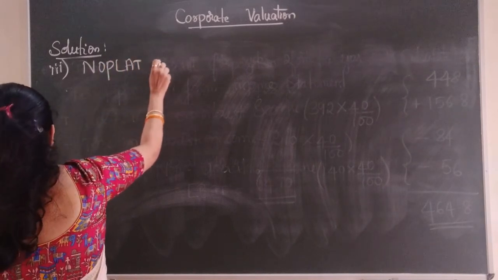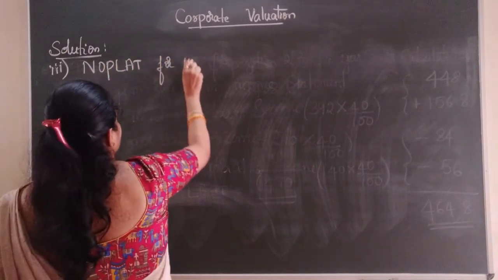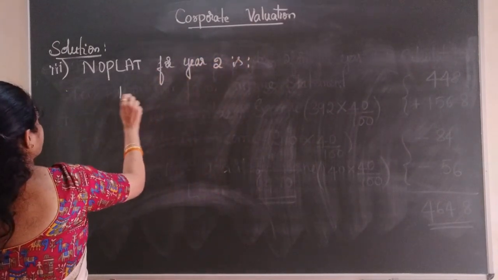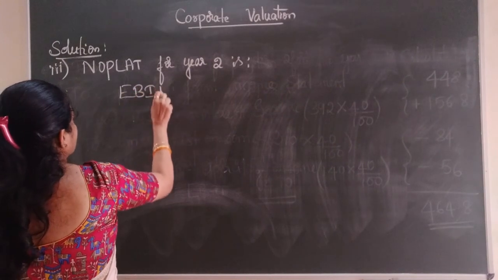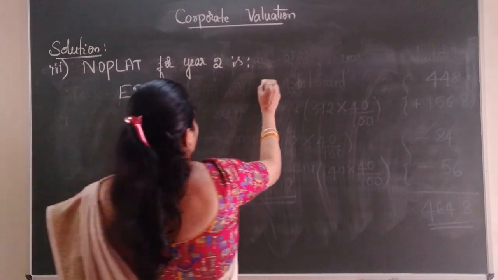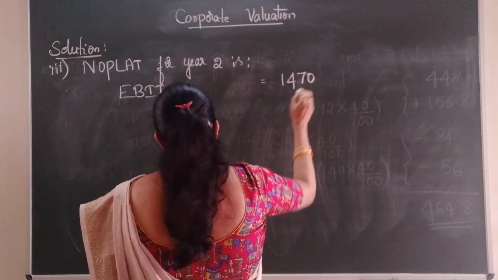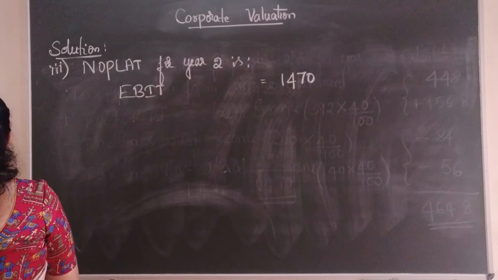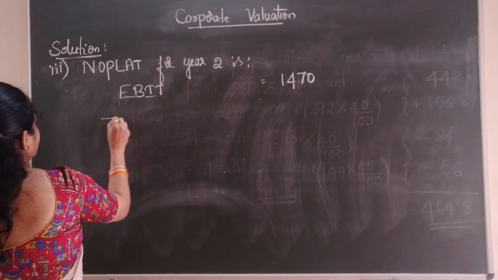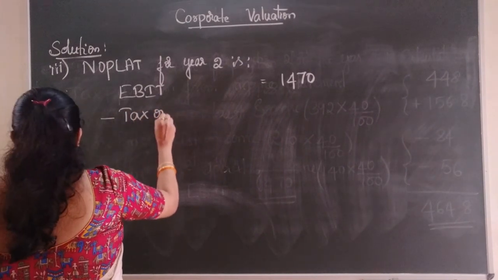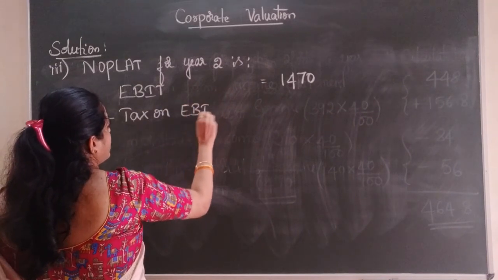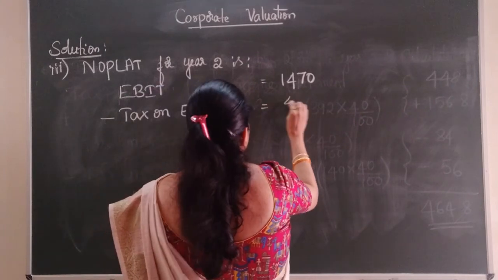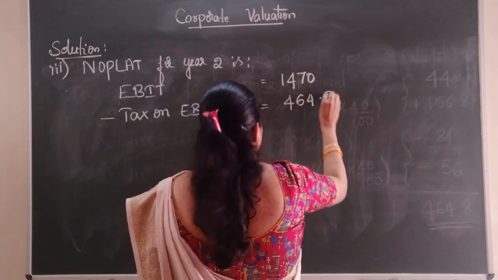NOPLAT for year 2 is EBIT, which is 1470 as we have calculated, less tax on EBIT which we have calculated in the second problem, 464.8.